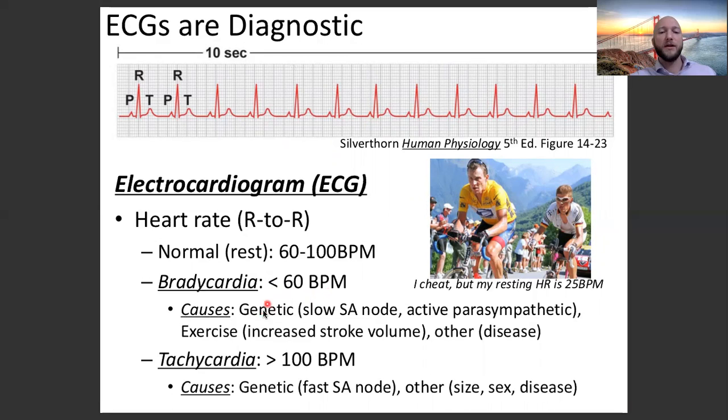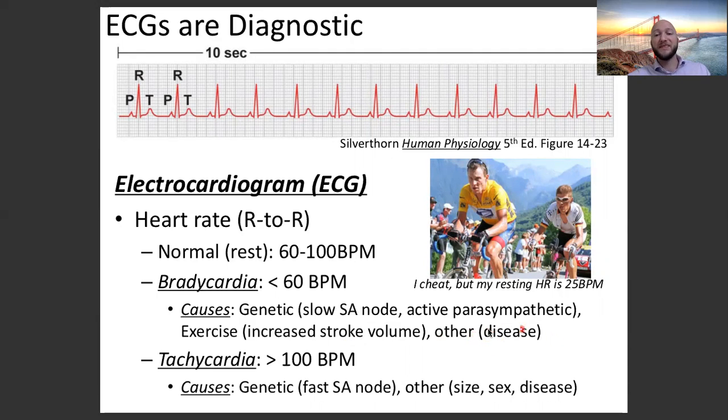If bradycardia is because of just how that person was built genetically, they just have a slow SA node or very active parasympathetic nervous system, it's fine. If it's because they exercise and they're able to pump a lot of blood out of their heart per beat, they have a very strong heart, they have a large stroke volume, that's fine also.